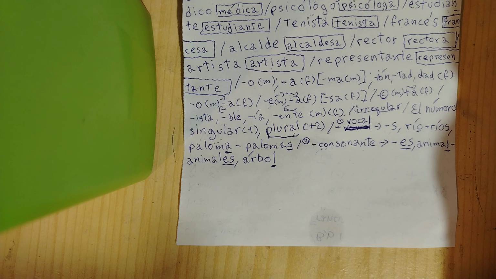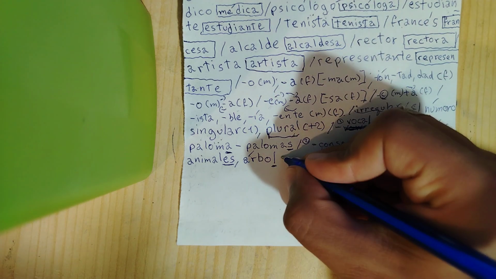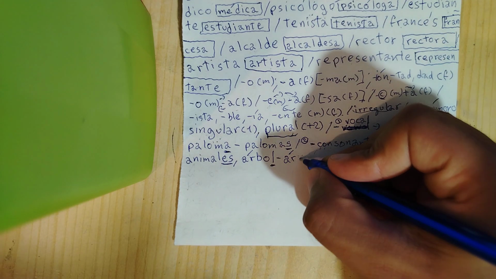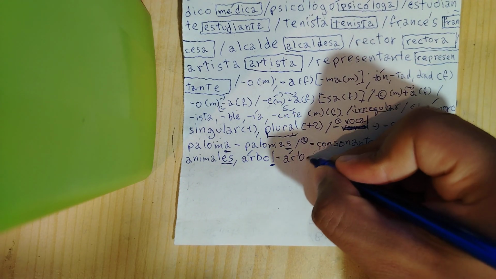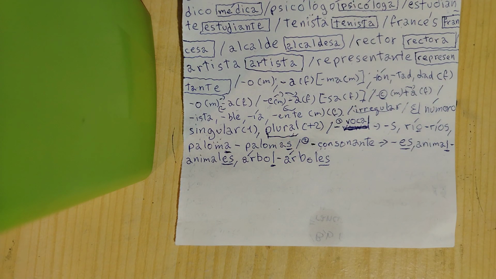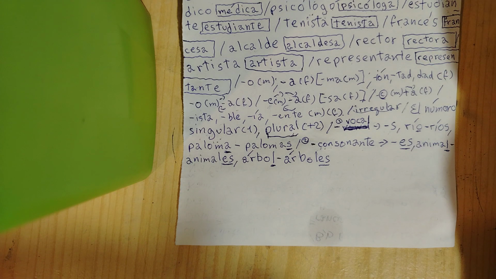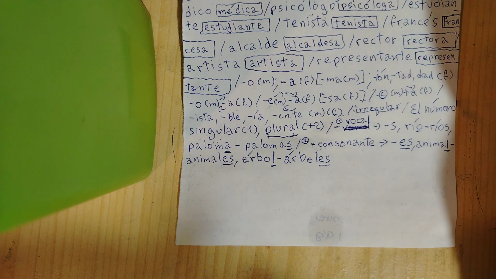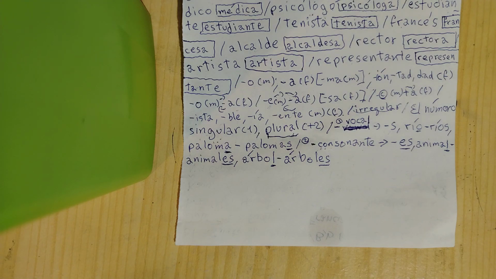The plural is árboles, A with an accent, R, B, O, L, E, S. Árboles is the plural of árbol. So it ends with es.